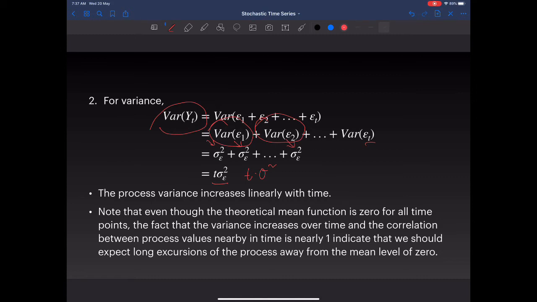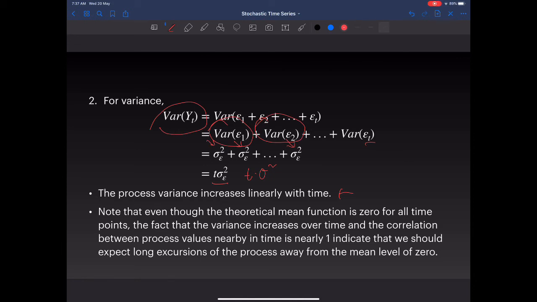Based on this variance function, we say that the process variance increases linearly with time. The more time added, the more your variance will keep increasing.